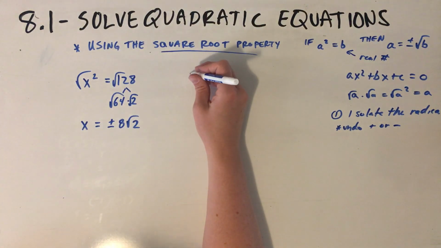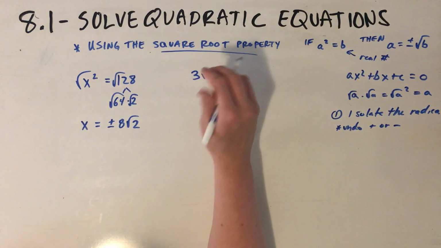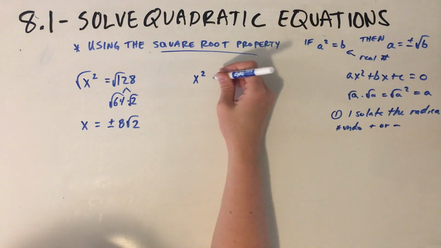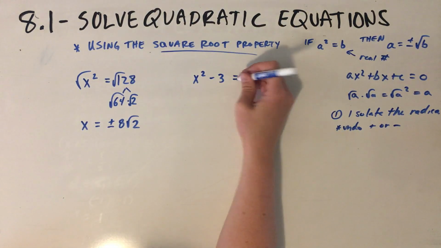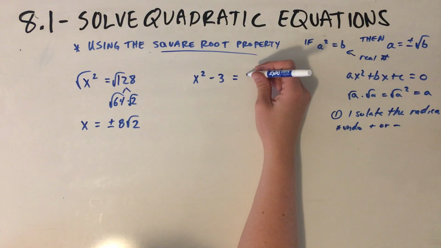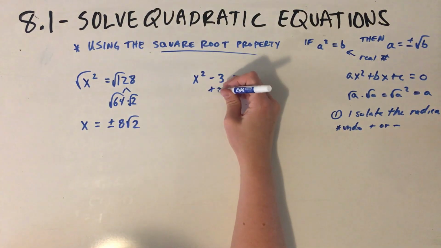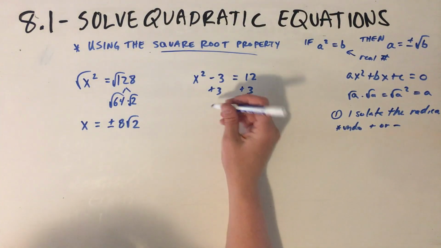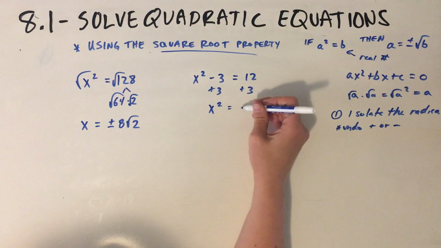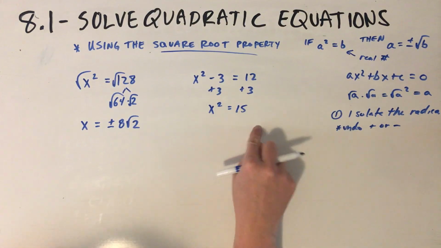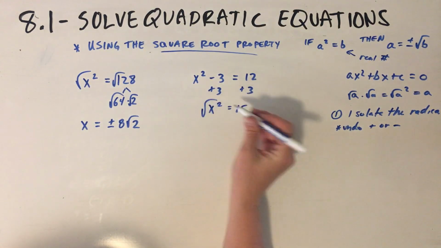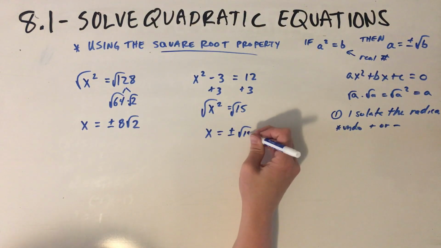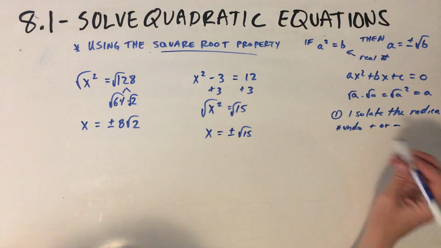Well, if I had x squared minus 3 equal to 12, then I would want to get this 3 out of the way, away from the radical. So I would have x squared is equal to 15. Once you've isolated the radical, then you can take the square root. So here I just get that x is equal to the positive negative square root of 15. Okay, so that's isolating the radical.